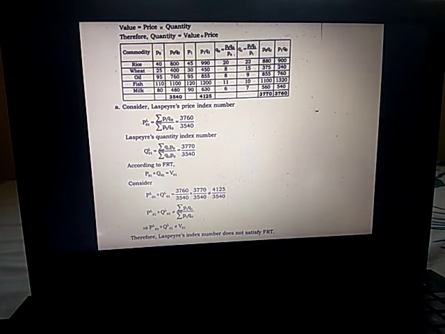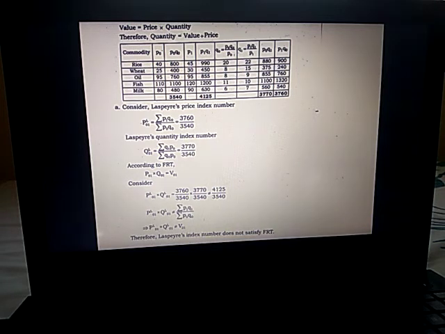The next column Q1, that is value in the current period, P1 Q1 divided by the price P1. So we'll get Q0 and Q1. Then we'll again calculate P0 Q0, P1 Q0, P0 Q1 and P1 Q1. Then we'll find the summation of all these values, that is P0 Q0, P1 Q1, P0 Q1 and P1 Q0.